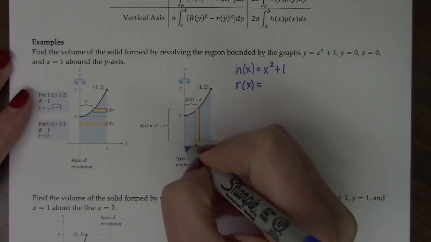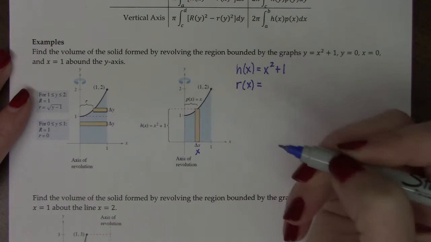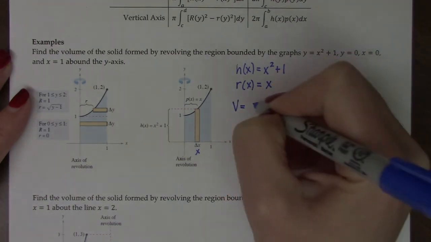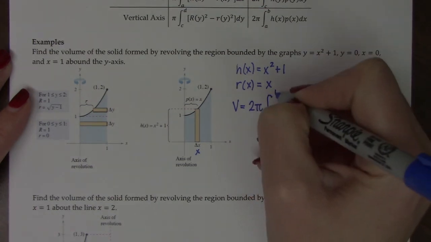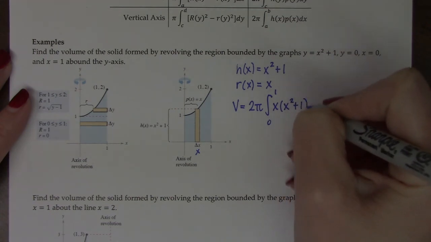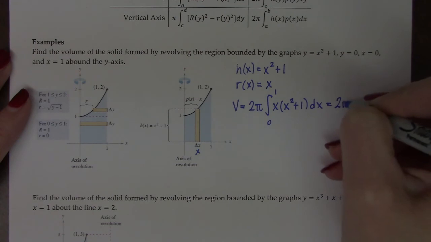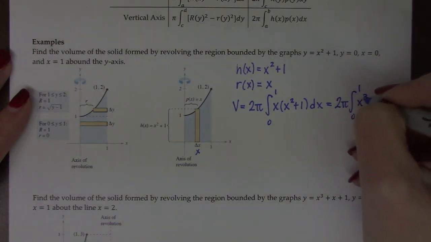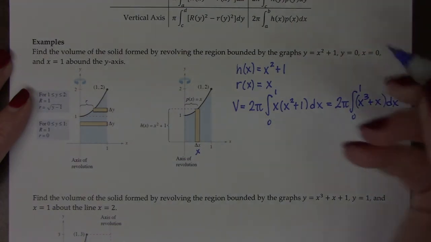Because we're going off the y-axis, we go to some value x, you plug that value in, it gives you the height. So the volume integral is 2 pi, the bounds on x are 0 to 1, and I have x times x squared plus 1 dx. I'm going to distribute that x. And now I can integrate.